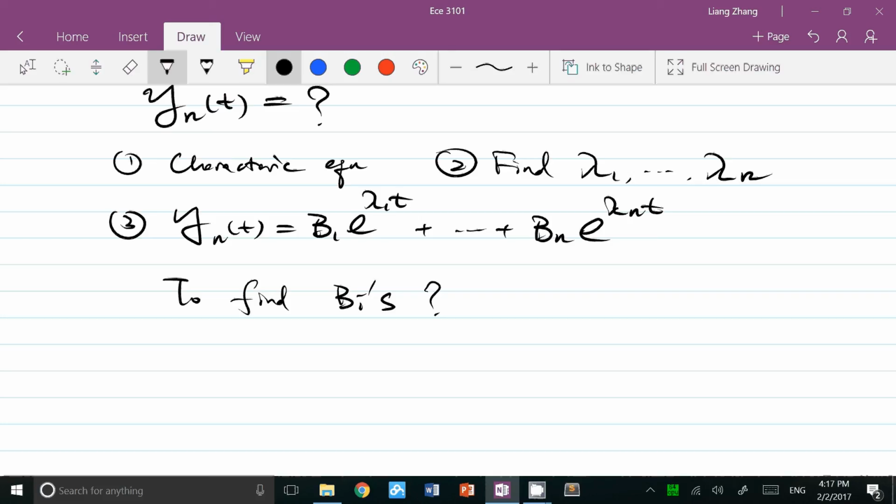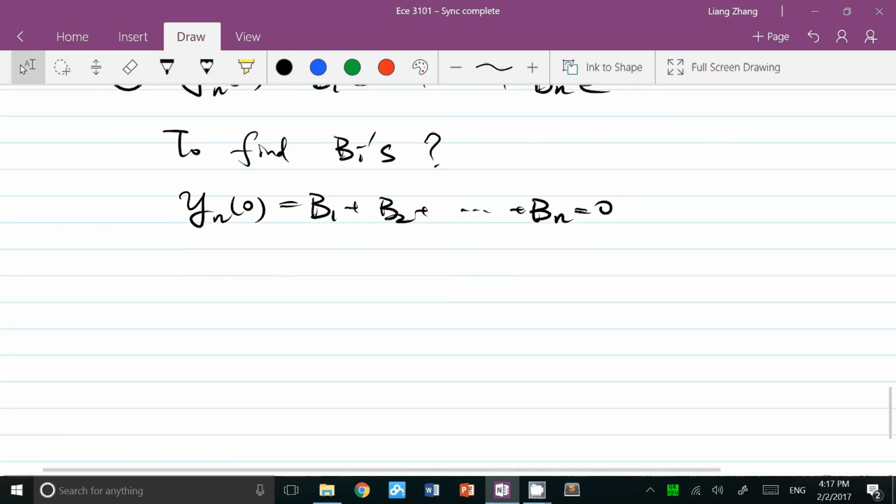The special set of initial conditions will look like this. We'll start from yn of 0, meaning you make all t equal to 0, so it will be b1, b2, all the way up to bn. You set it to 0, and then you take the first derivative, that's another initial condition, assuming now n is larger than 2.